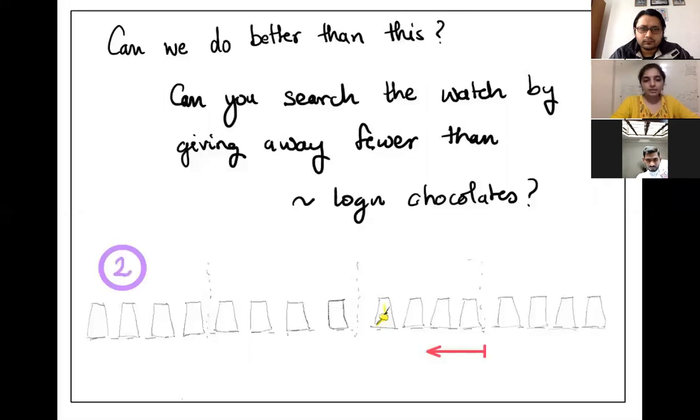You'll give yet another chocolate to realize that it is in the third quarter, the range between 9 and 12. You'll have to spend 1 more chocolate to figure out whether it's in the 9 or 10 range. And then you spend 1 more chocolate to figure out it is in fact in glass number 9. So for this placement of your wristwatch, you've spent 4 chocolates.